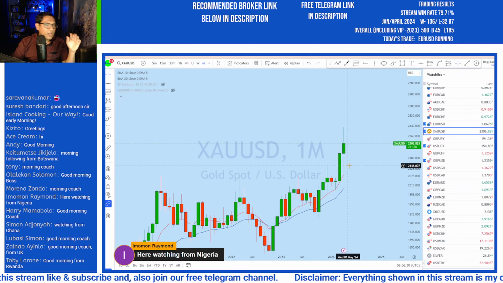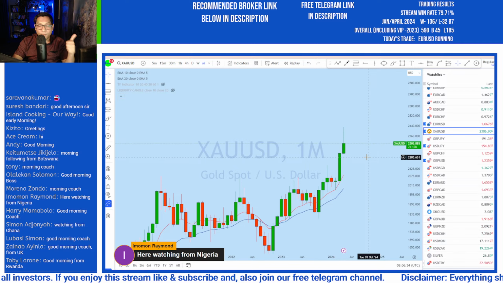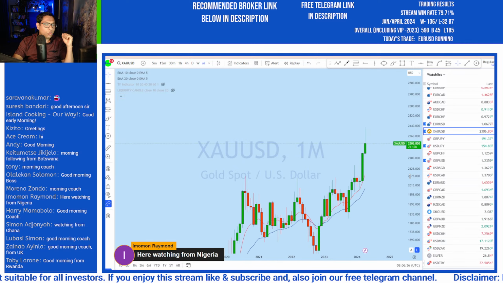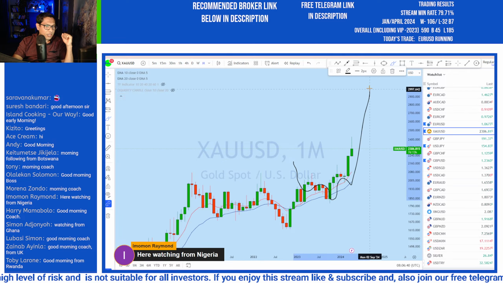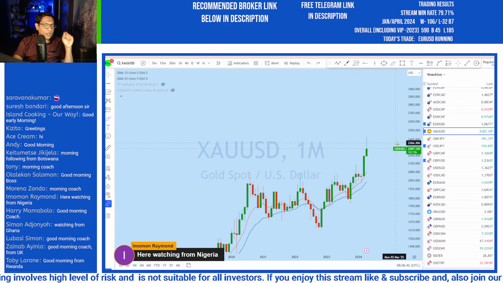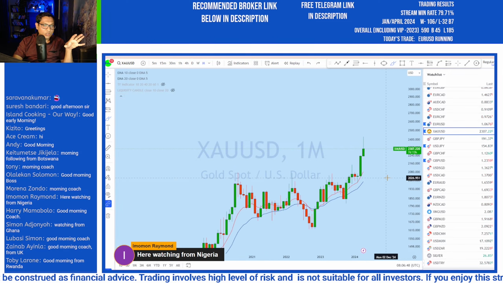So if you look at gold here, the bigger picture is bullish. Why? Because on the monthly we see that there is an inverted head and shoulders in that area, a breakout from that inverted head and shoulders, and it has given us a huge momentum in this instrument.